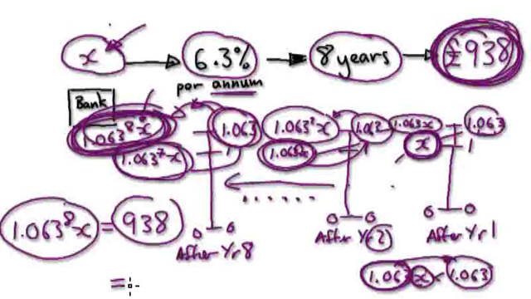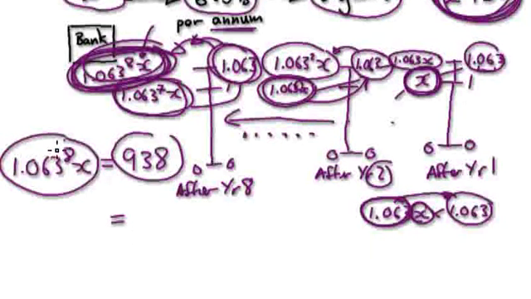Now it's just a matter of solving for x. At the moment, you've got this bubble times x, so get rid of this bubble by dividing both sides, leaving x on its own.